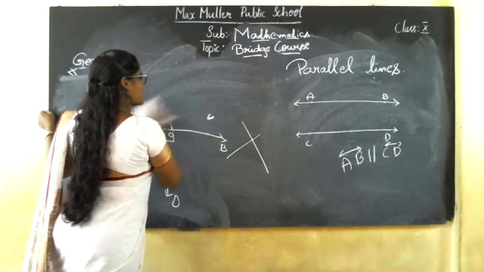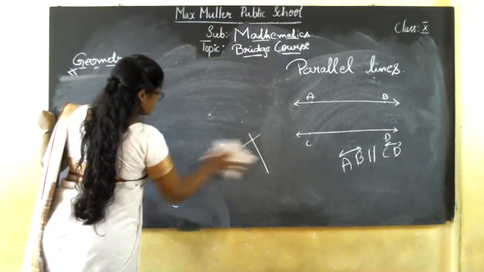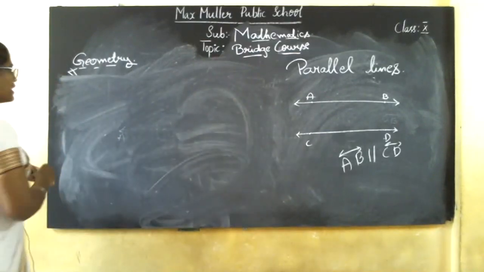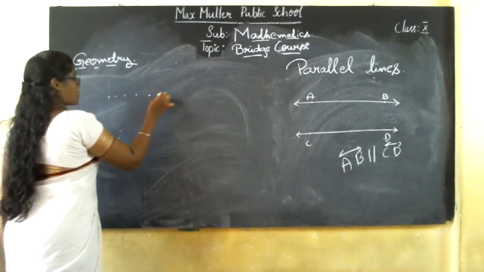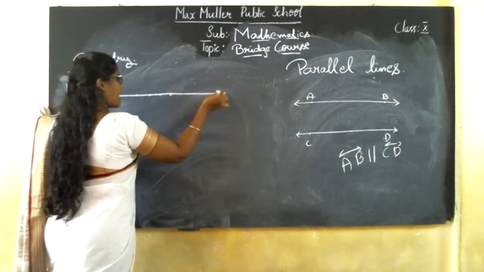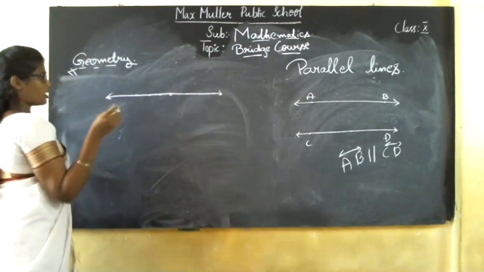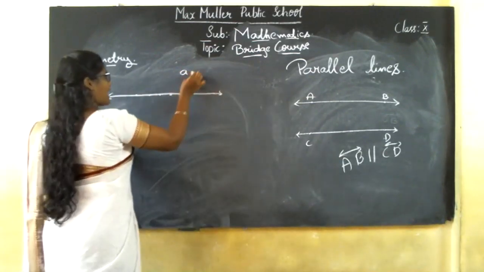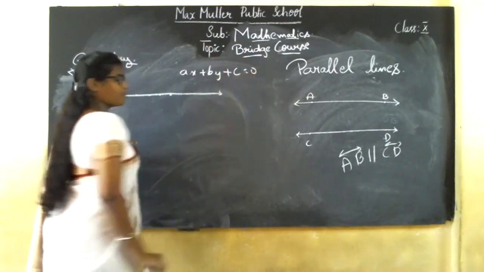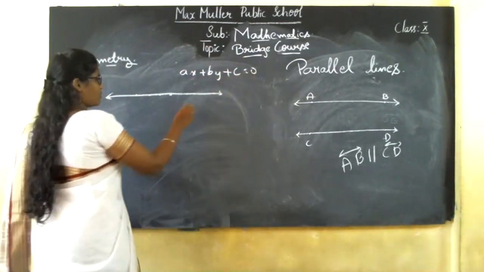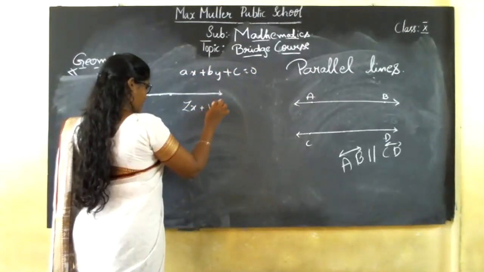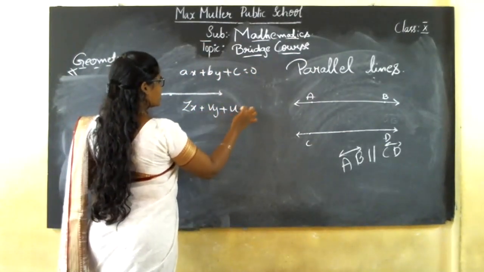Then these are the basics. Then you have coincident line. Sorry, I did not tell about that. What is a coincident line? You have n number of points. If those points are joined together. For example, you will be having ax plus by plus c is equal to 0. This is one equation, and you will be having zx plus vy plus u is equal to 0.